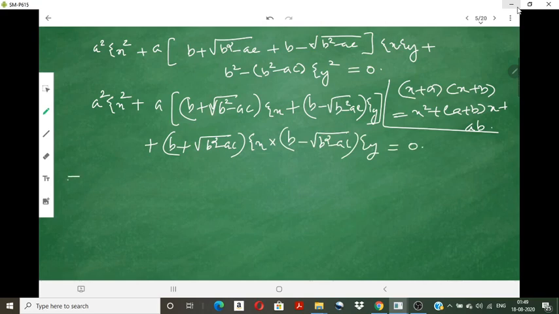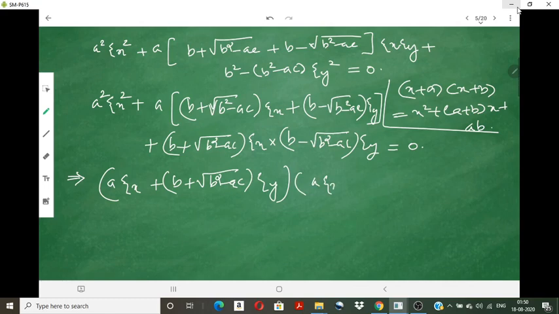Okay, so this again we can write as a theta x plus b plus root of b square minus ac theta y, into a theta x plus b minus root of b square minus ac theta y, equal to 0.